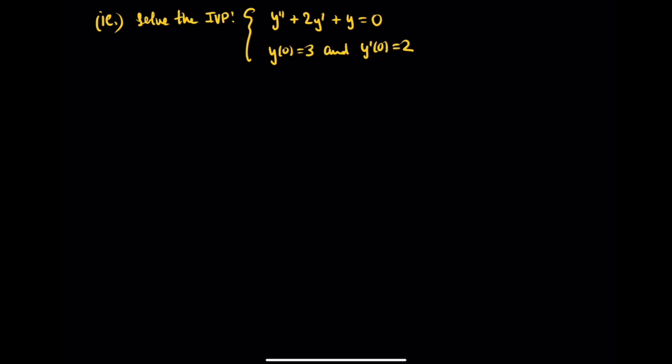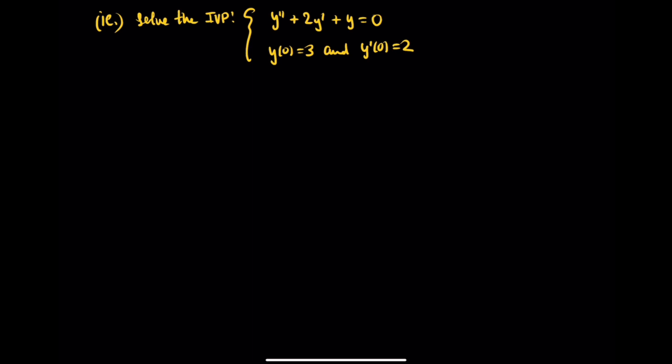Solve the initial value problem of y double prime plus 2y prime plus y equals 0, y of 0 equals 3, and y prime of 0 equals 2.